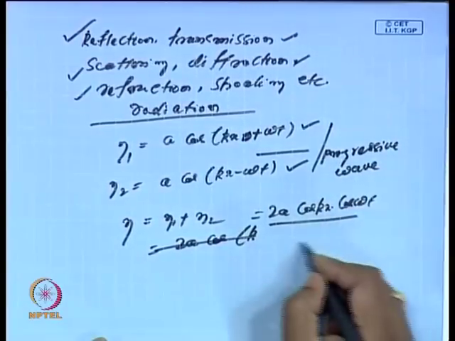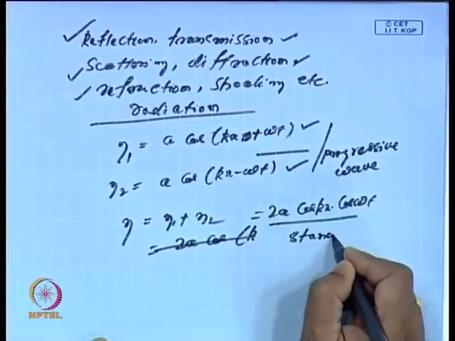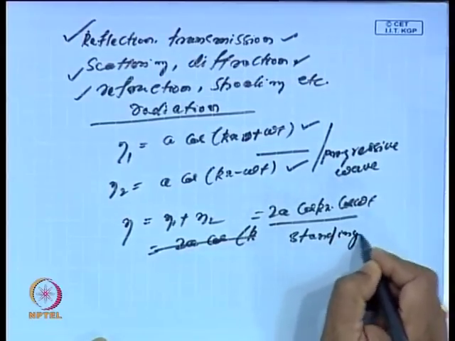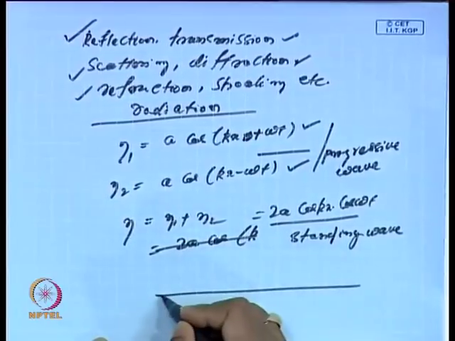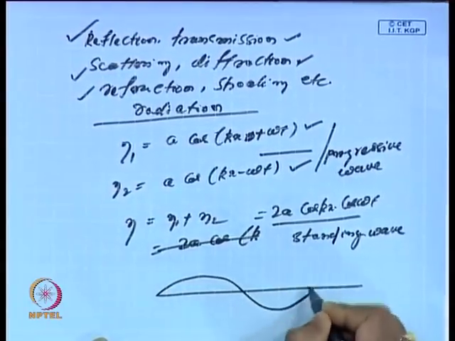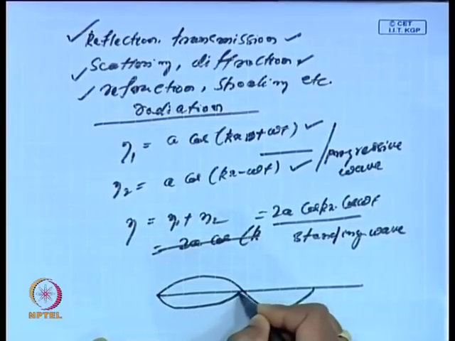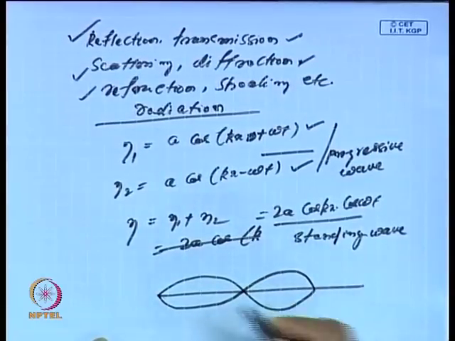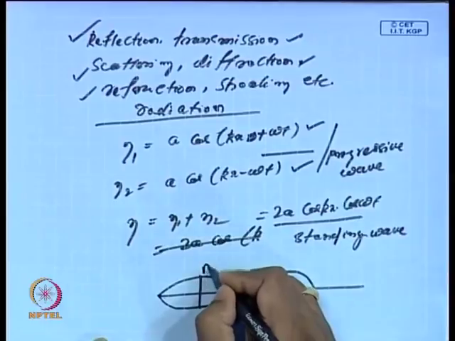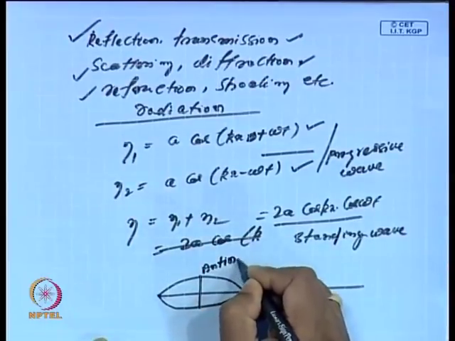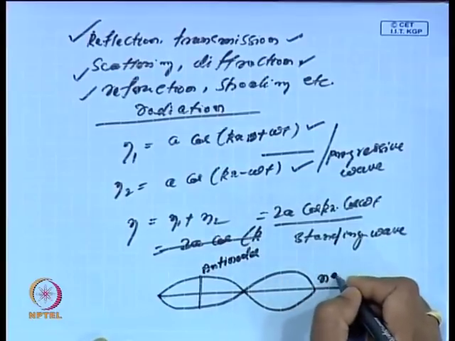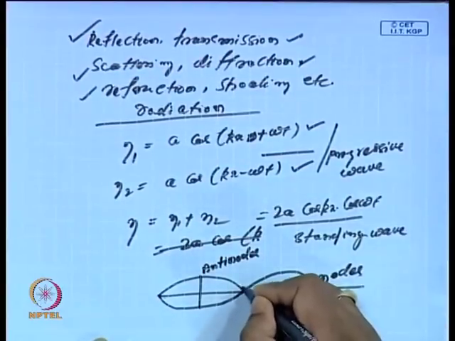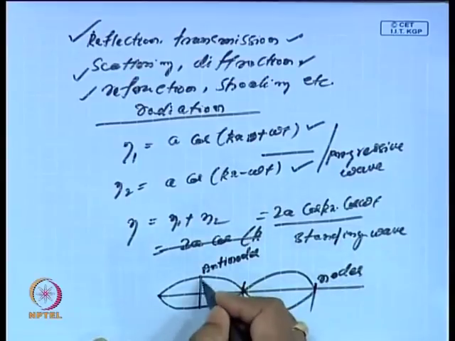Unlike a progressive wave, in a standing wave we always see the formation of nodes and antinodes. These are the antinodes, these are the nodes, this is also a node.